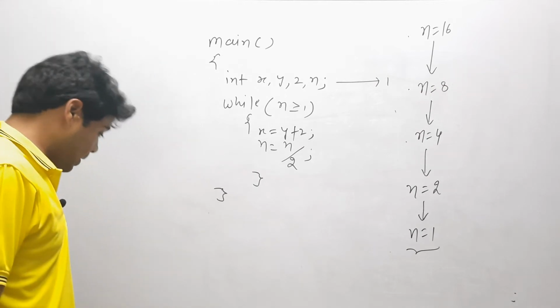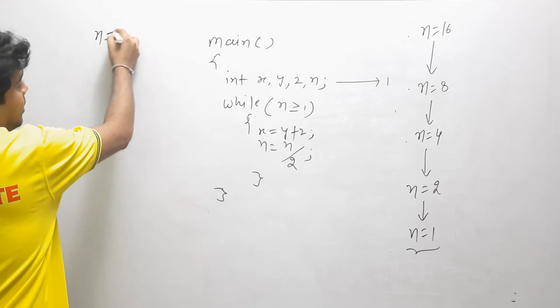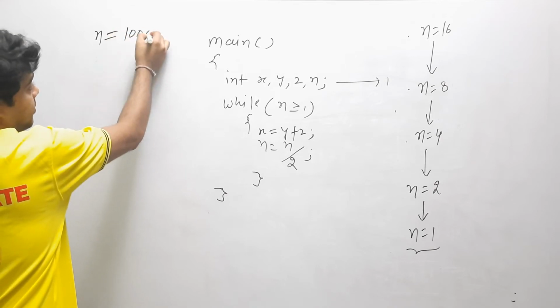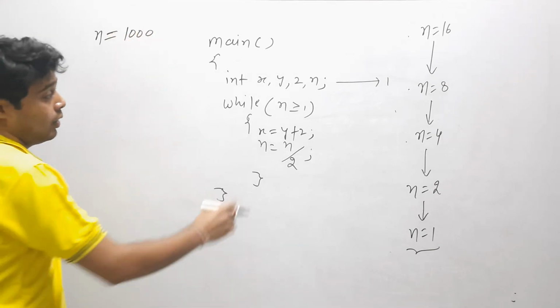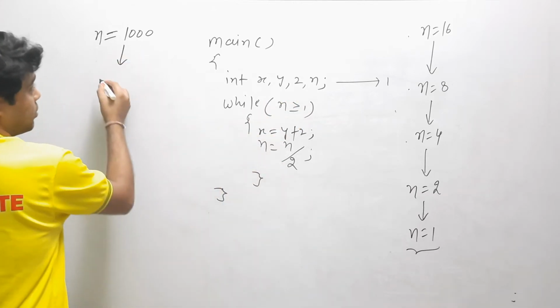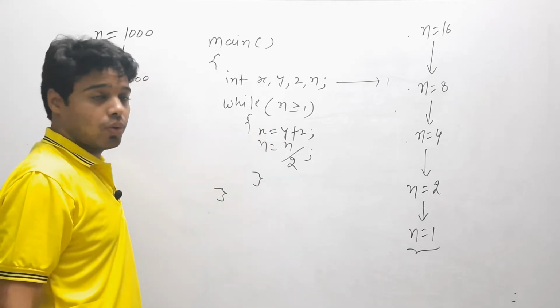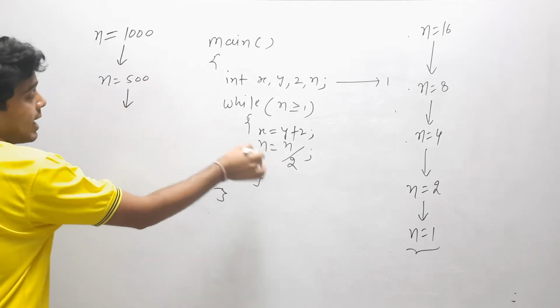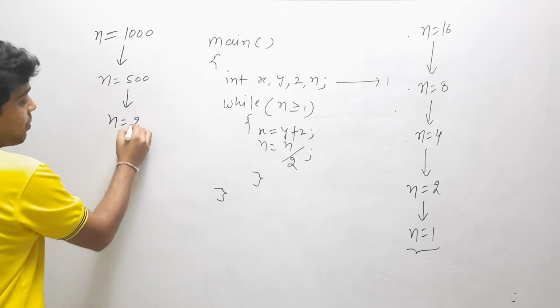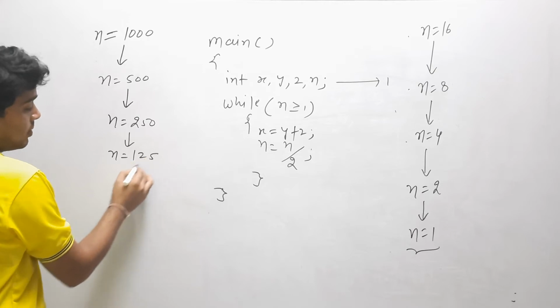Suppose that we take n as 1000. So 1000 is greater than or equal to 1, it will execute and becomes 500, 1000 by 2, 500. Again executed and becomes 250, execute, and becomes 125, execute.